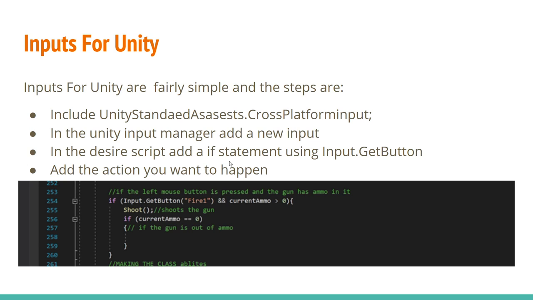And when you go to the script, in this example it's my player script, and then you set what happens when the input equals true, what's supposed to happen when that button's pressed at any given time.